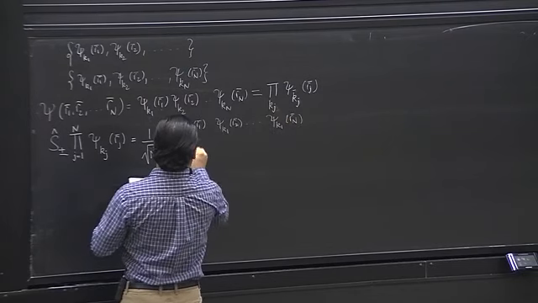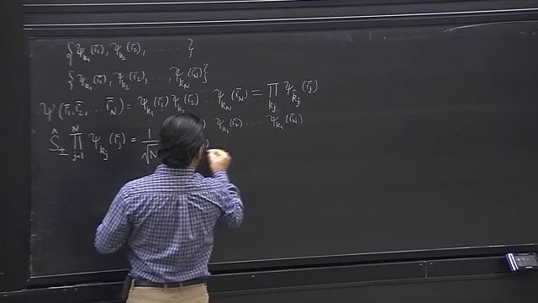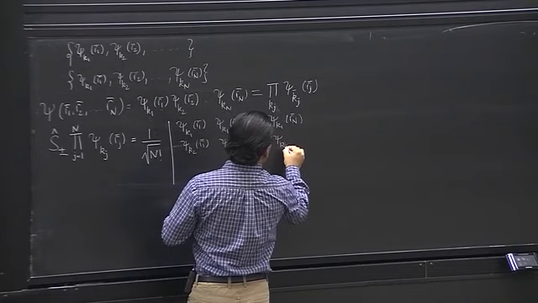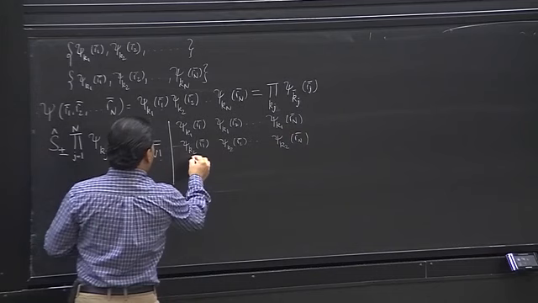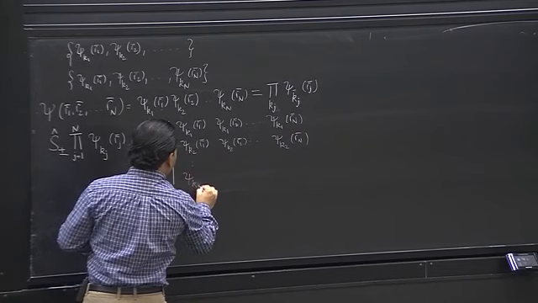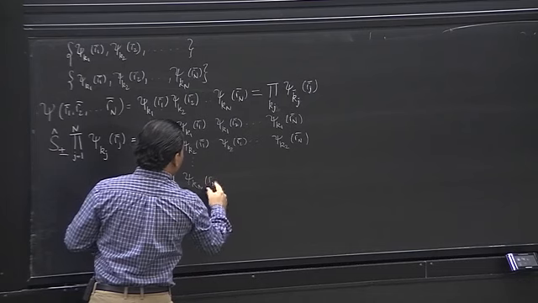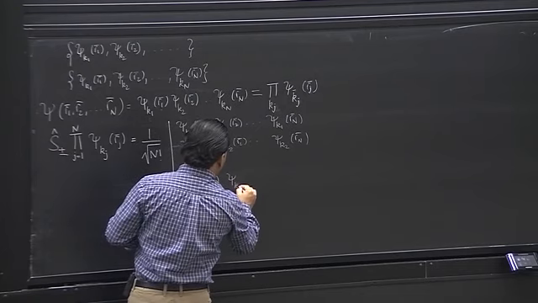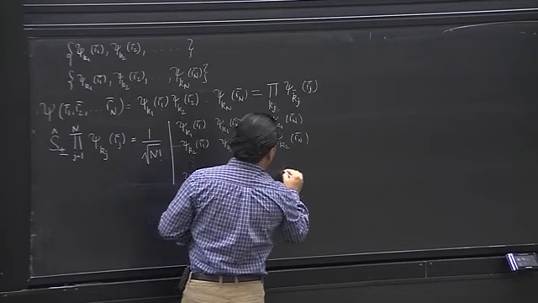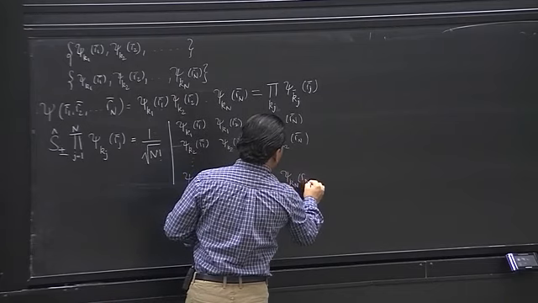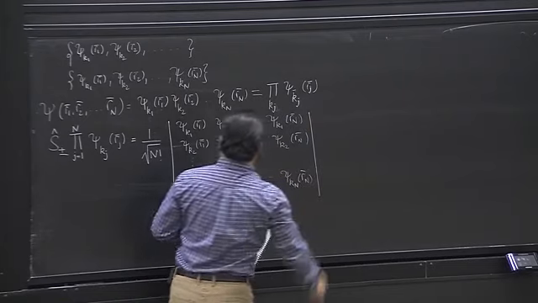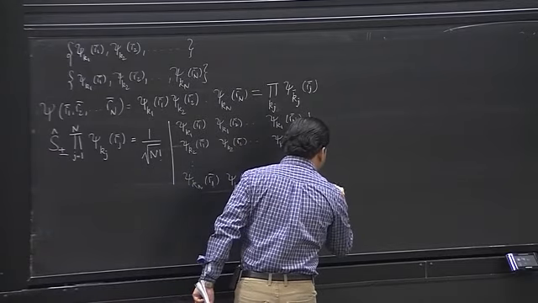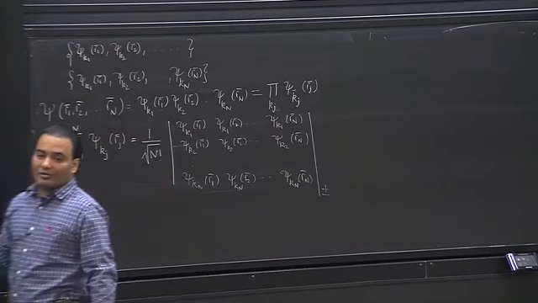Then the second row, psi K2 with argument R1, psi K2 with argument R2, up to psi K2 with argument Rn, and then psi Kn with argument R1, psi Kn with argument R2, and psi Kn with argument Rn. I'm going to write a plus and minus here, and now I will explain what this is.